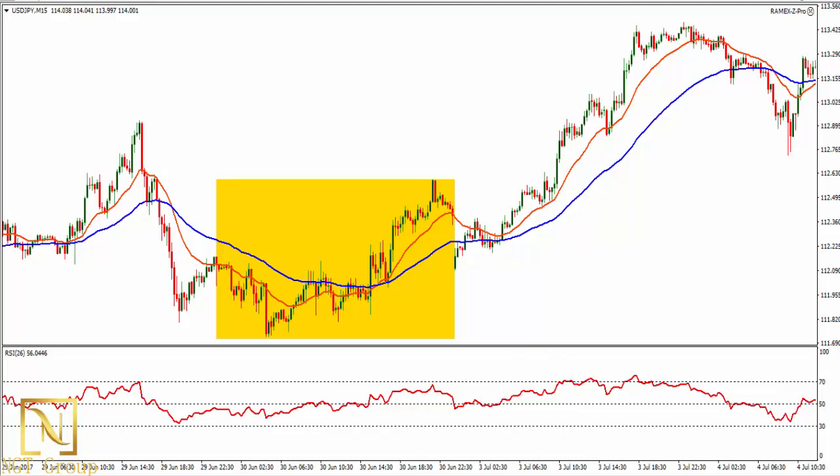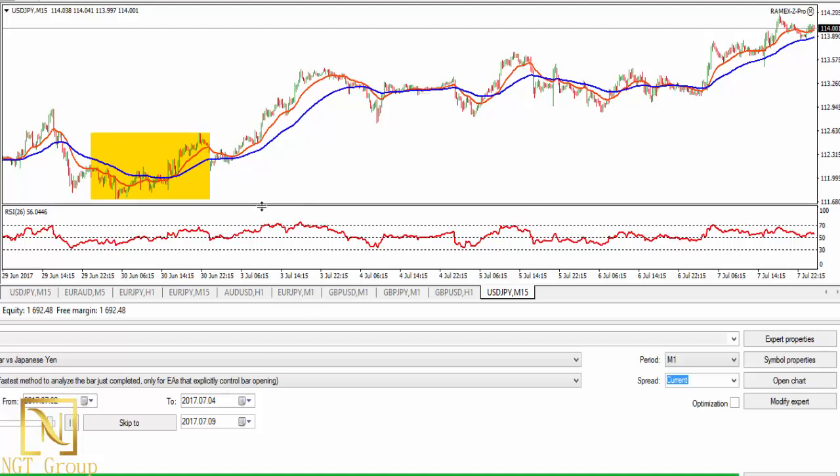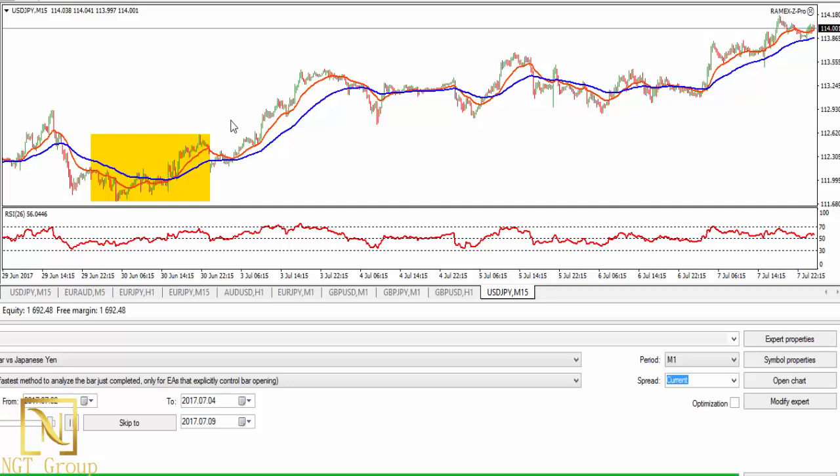So now we have our strategy tester on, and what we're going to be using here is a 1-minute chart. We already identified the direction we want to take the trade in, and we are going to see how many trades the system took and how profitable it was.